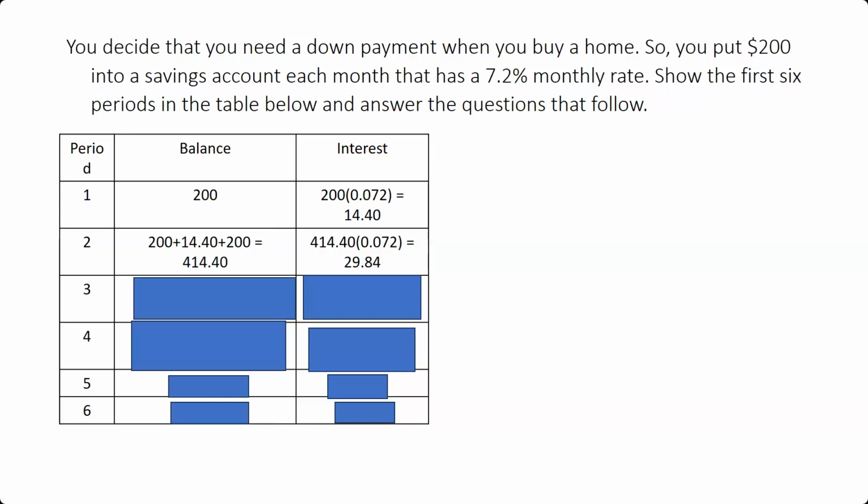So go ahead and do the other 4 months. The biggest difference is you're putting money into the account, so you're adding the number at the end rather than subtracting the payment.